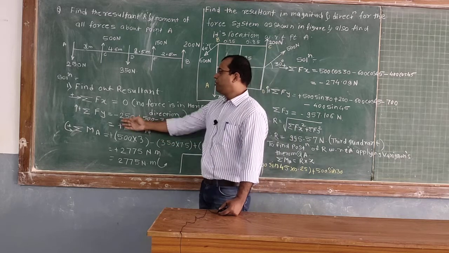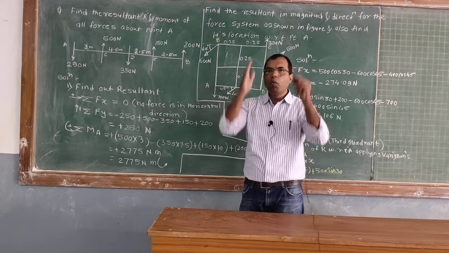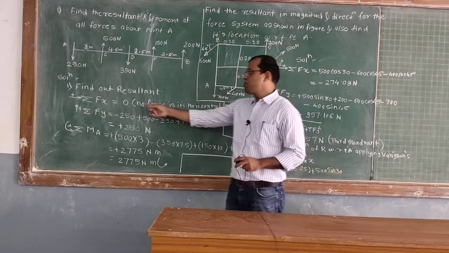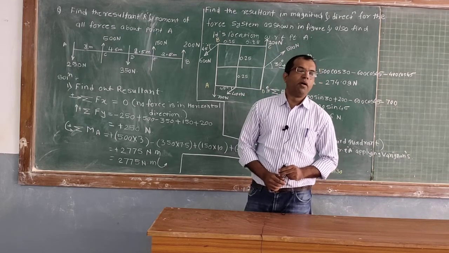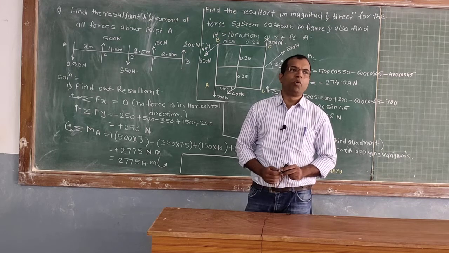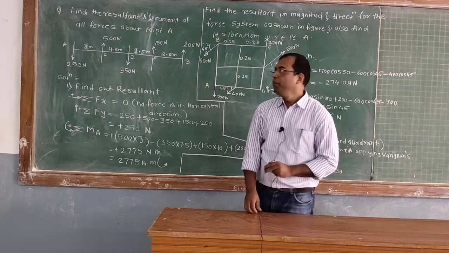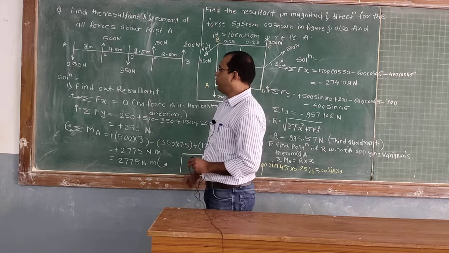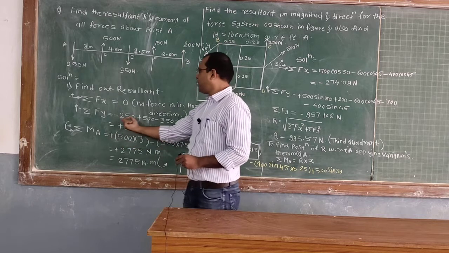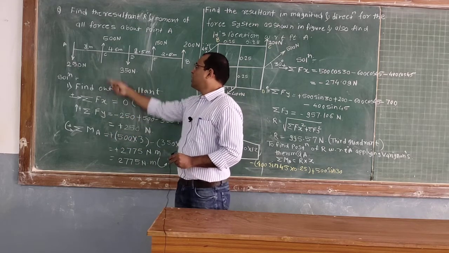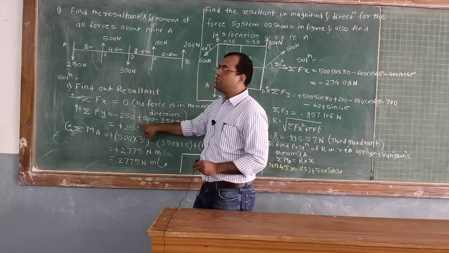Then we have to find the summation of Fy, the summation of all the forces in the y direction. While writing the equation of summation of Fy, you must take care of sign. We have assumed forces going upward are positive and forces going downward are negative. Let's begin with the first force, 250 Newton. It is vertically downward, therefore I have written minus 250 Newton. Then add the force 500 Newton, vertically upward, so plus 500 Newton.